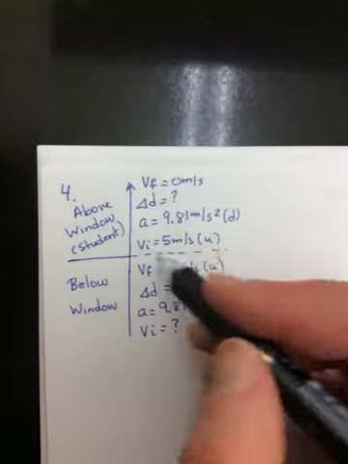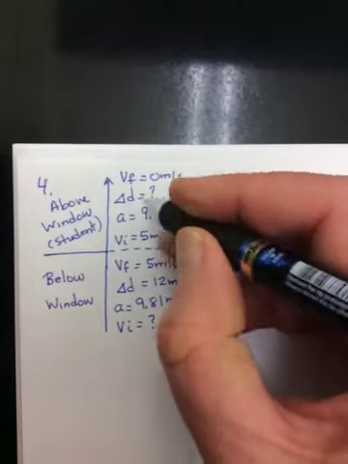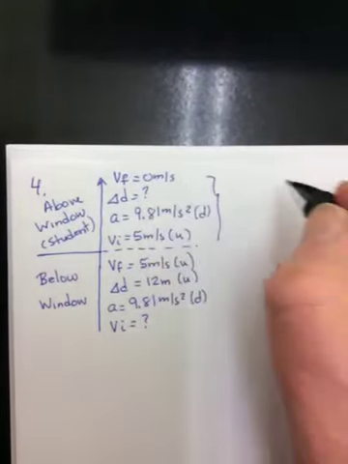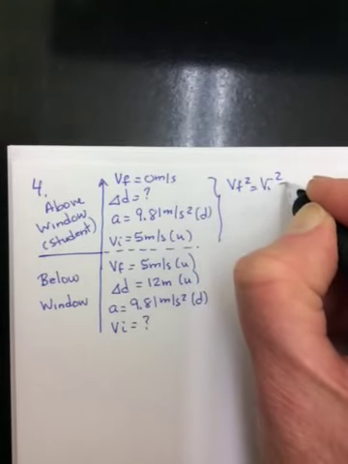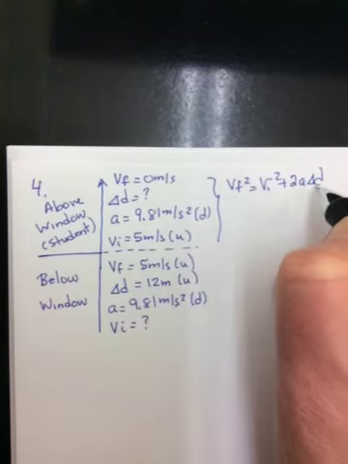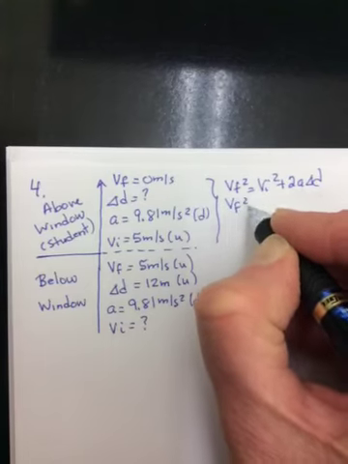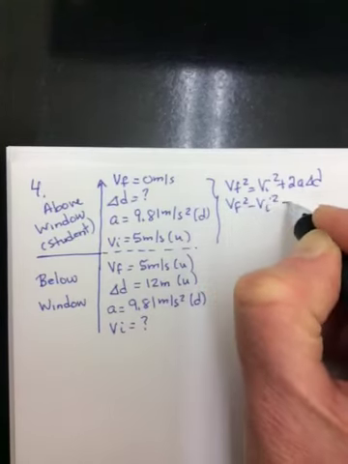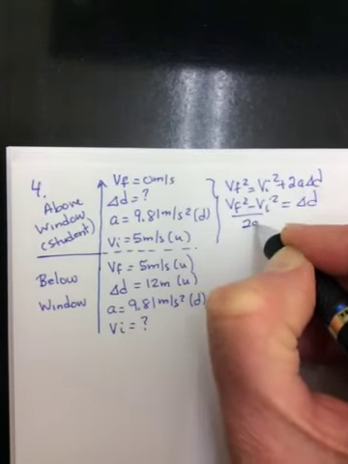So in part A, we can actually solve it in the first section, right? We have our VF, our VI, and our A. We can get delta D by using VF squared is equal to VI squared plus 2A delta D. VF is 0, and you're going to rearrange for delta D. So it'll be VF squared minus VI squared is equal to, and to get the delta D alone, divide by the 2A.